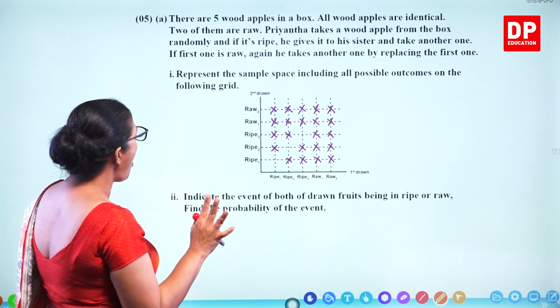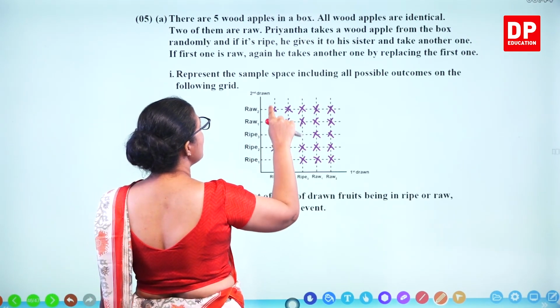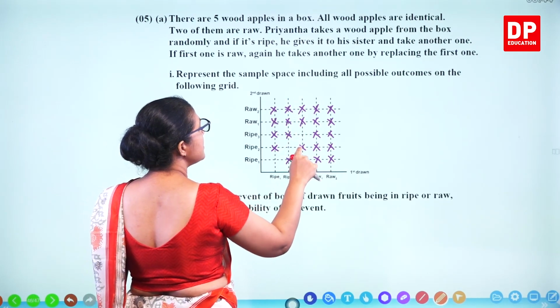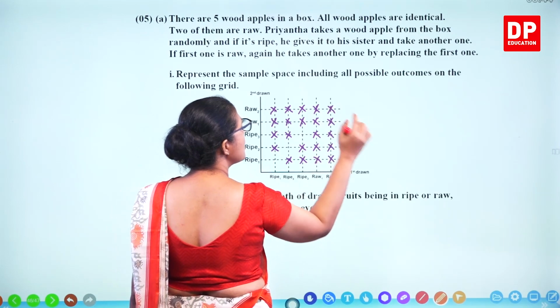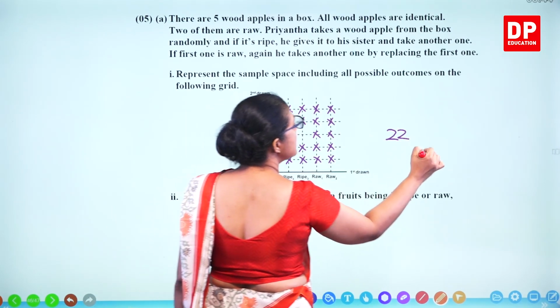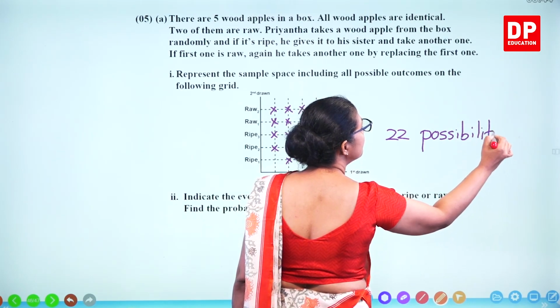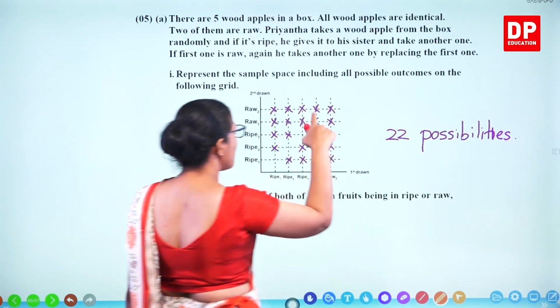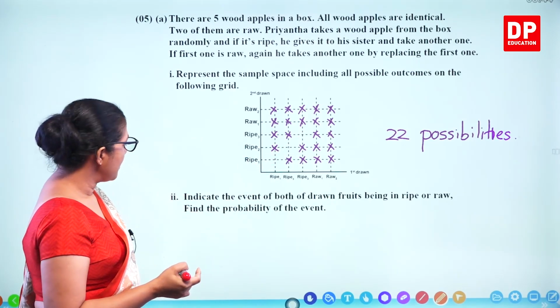So how many altogether? 1, 2, 3, 4, 5, 6, 7, 8, 9, 10, 11, 12, 13, 14, 15, 16, 17, 18, 19, 20, 21, 22 possibilities are there. Not 25, 5 times 5, 25. 3 you have to subtract.